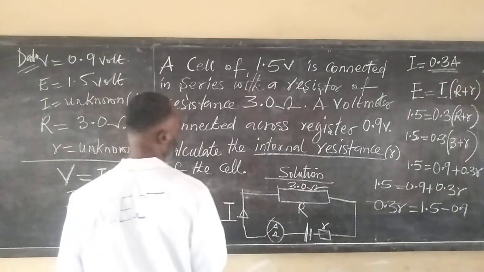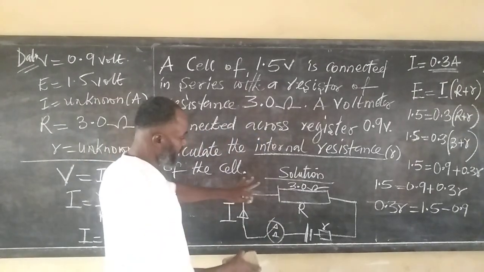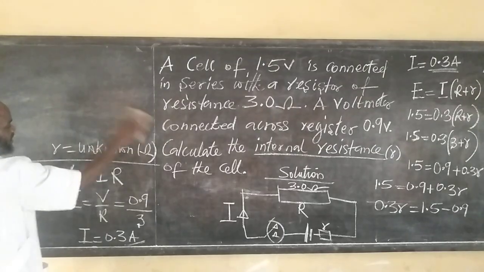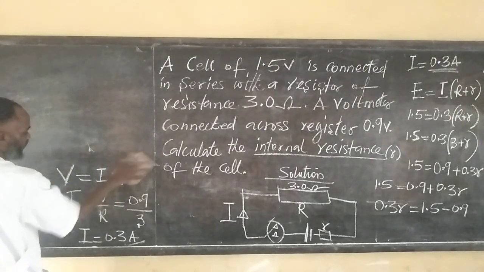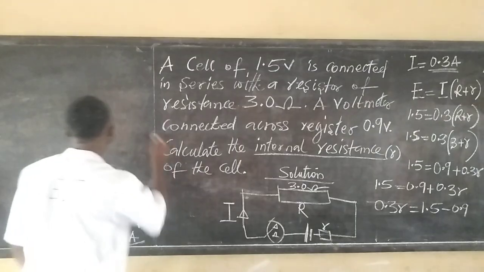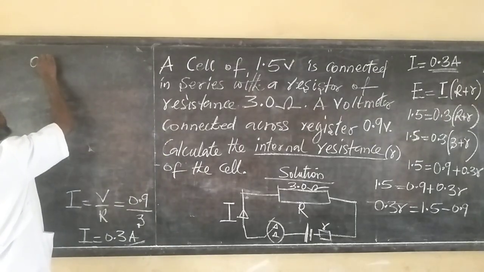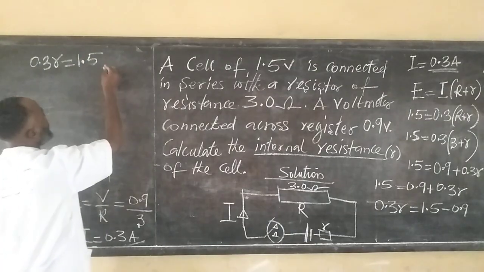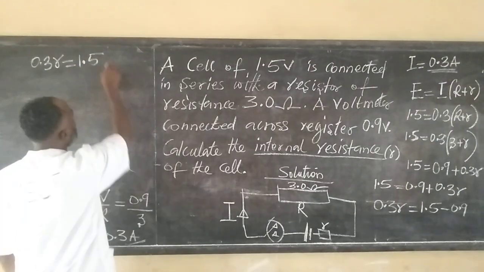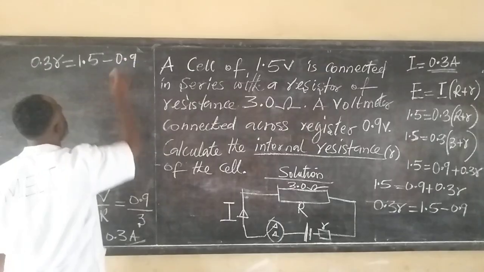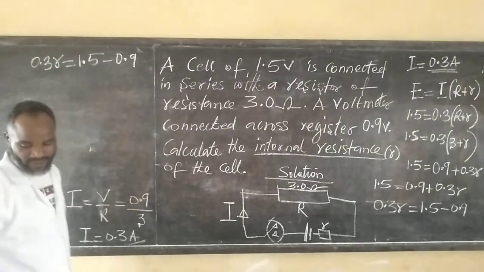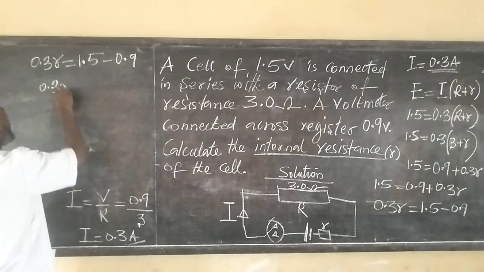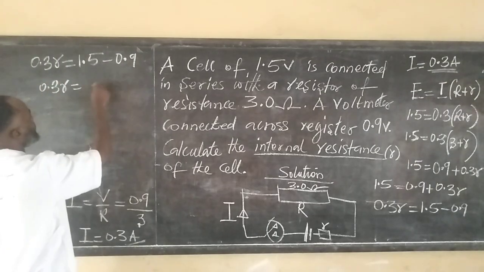So 0.3 r is equal to 1.5 minus 0.9, which is going to give us 0.6.